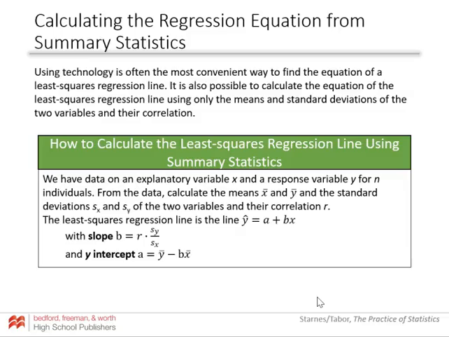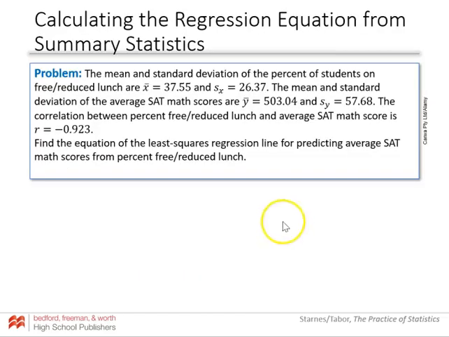Then you would take that b and plug it into this equation: a equals y bar, the mean of all the y values, minus b, which we just found, times x bar, the mean of all of the x values. In this situation, those values that you need, sy, sx, r, and the averages, would be given to you in the question. So we'll look at an example here.